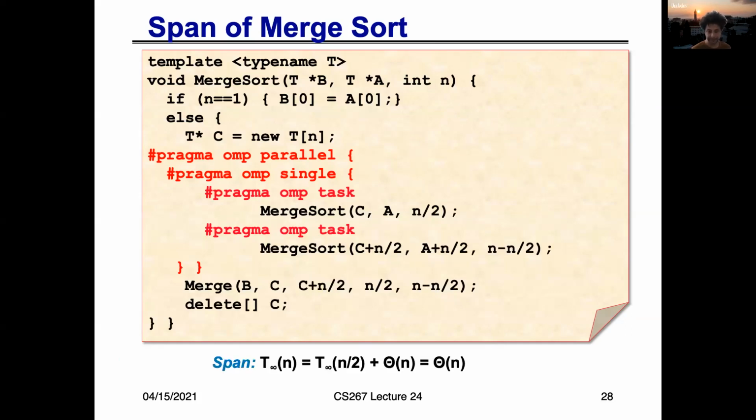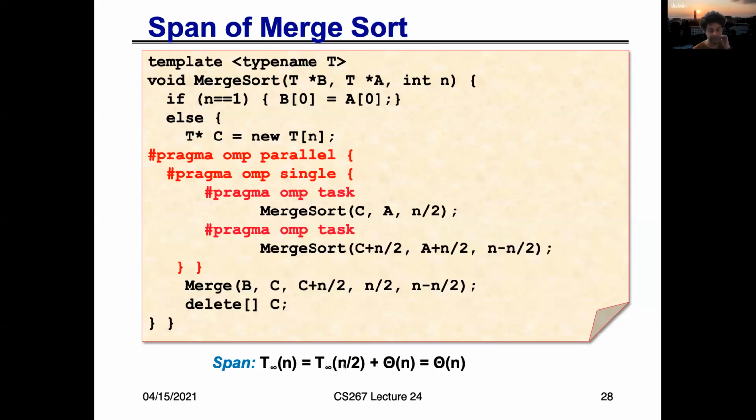So span, meaning the time it would take to solve this problem with an infinite number of processors, meaning you're not bound by the processing parallelism, you're bound by the critical path, is simply: you have a problem of size n, and because you're assuming infinite processing power, the recursion doesn't have an extra factor 2 in front of it.